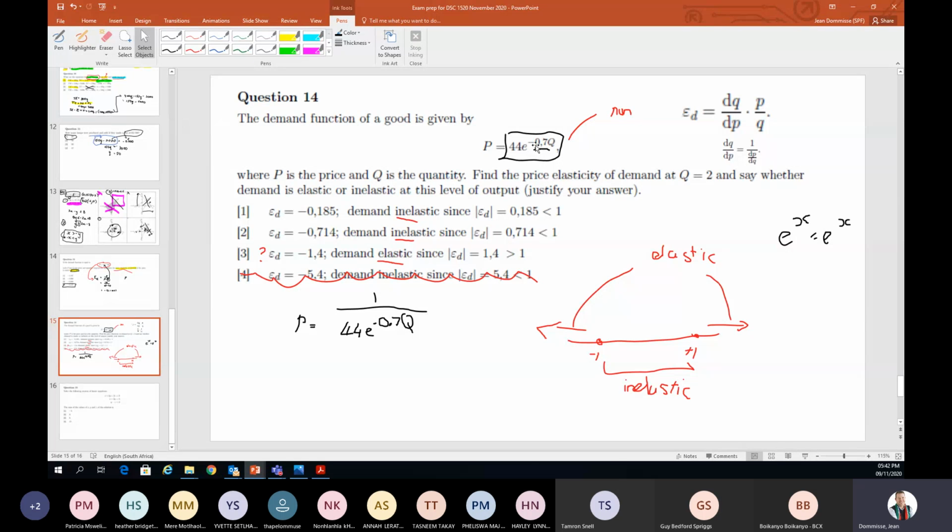So it is like you said, must I take that minus and make it 1 over 44? So let me just check how to do that.